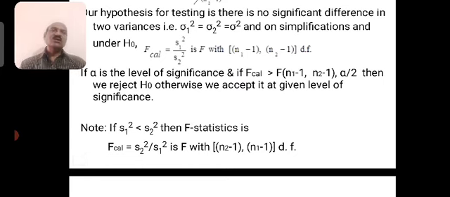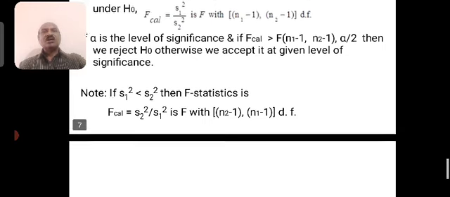If S1 square is less than S2 square, then the F statistic will be reversed, that is S2 square divided by S1 square. This will follow an F distribution, but the degrees of freedom also change: n2 minus 1 comma n1 minus 1 degrees of freedom. The calculated value is obtained using this formula, and the whole test procedure can be followed. So this is about the F statistic.